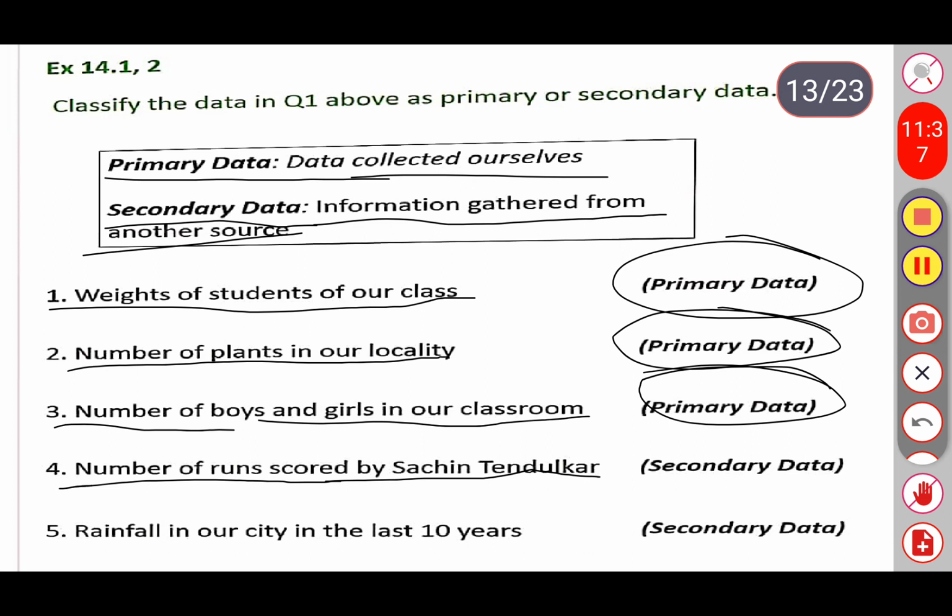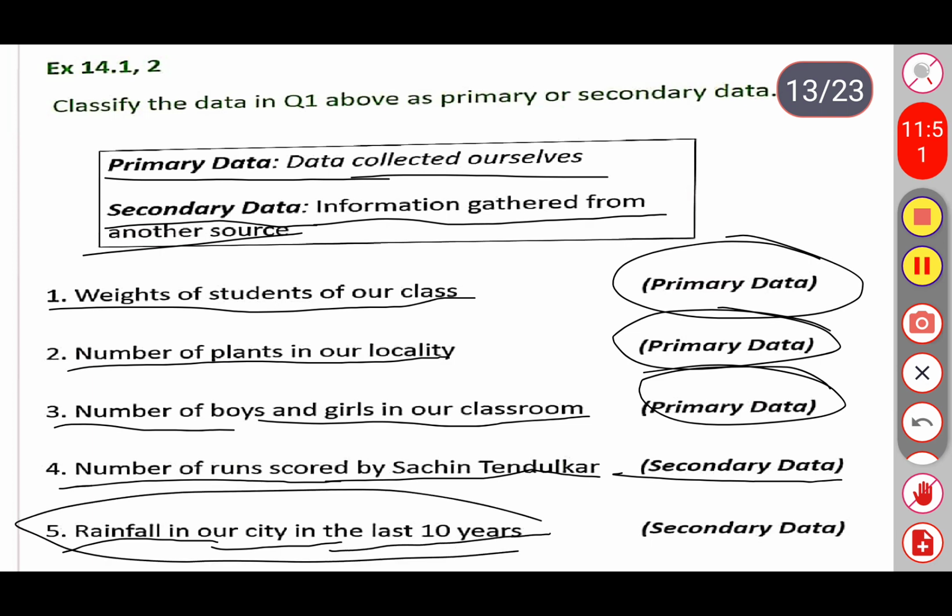We can collect these data from magazines or online. Okay. Next one, rainfall in our city in the last 10 years. So this kind of data we are getting from recognized offices. So this also belongs to secondary data.